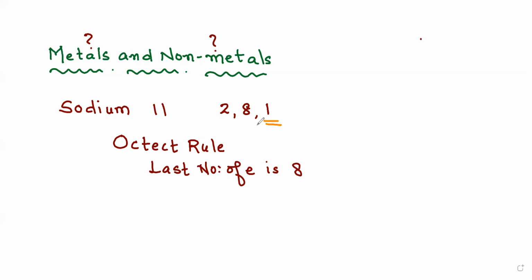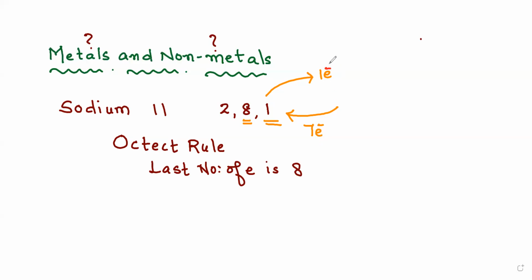So how can you make the last number 8? Either by giving 1 electron or by gaining 7 electrons. Because by leaving 1 electron, the previous number will become 8. So this is one option for sodium, either to give 1 electron or to take 7 electrons.